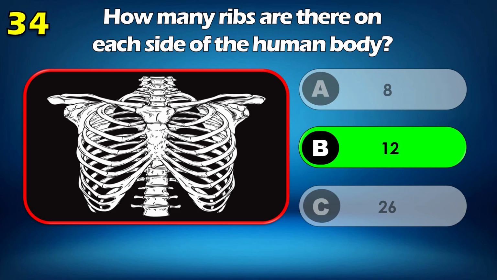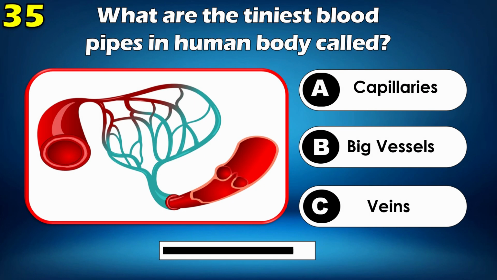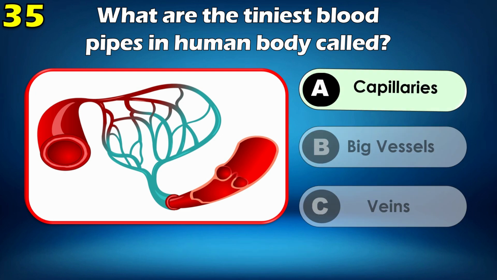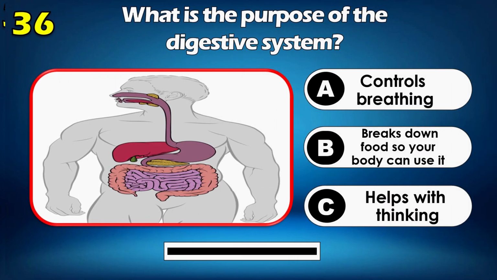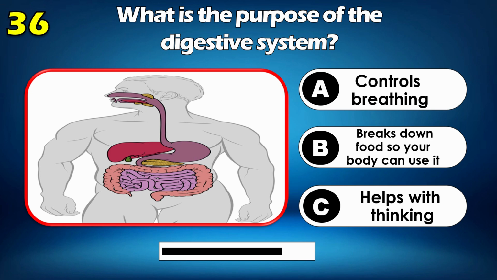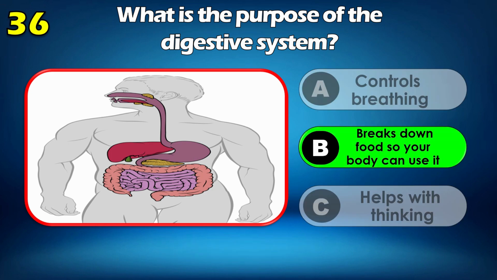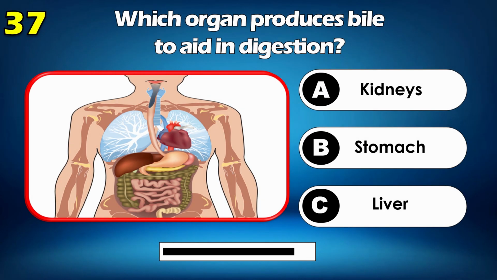12. What are the tiniest blood pipes in human body called? Capillaries. What is the purpose of the digestive system? Breaks down food so your body can use it. Which organ produces bile to aid in digestion?